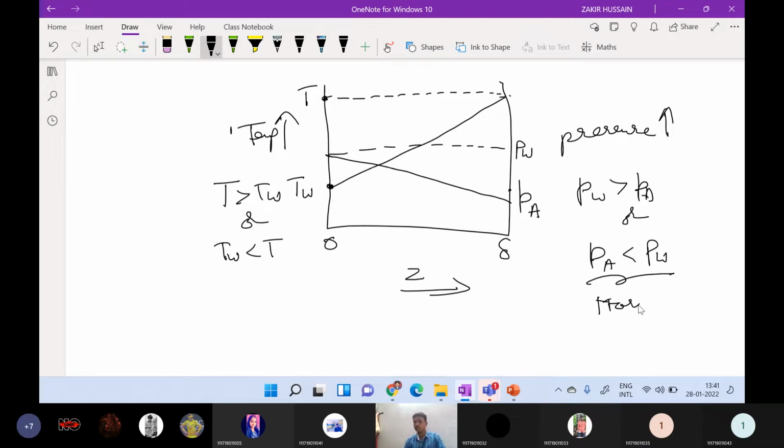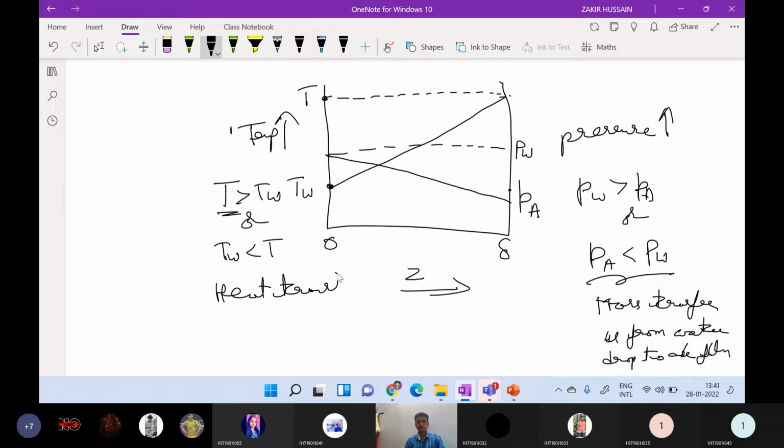So mass transfer is taking place from the water drop to the air film. In the reverse direction, heat transfer is taking place from the air film to the water drop. This is the entire concept which is going on.